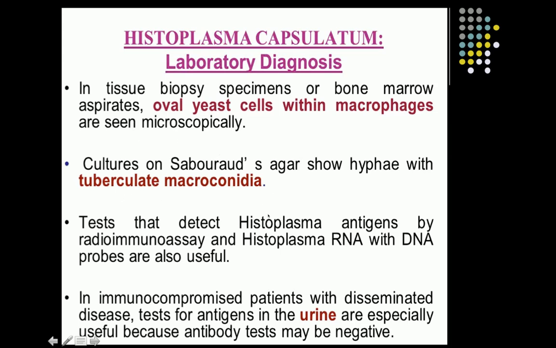And then we can also perform antigen tests or antibody tests. But in immunocompromised patients who have disseminated histoplasmosis, we are going to look for the antigen in the urine, and this is, as I said, because the antibody test could be negative.